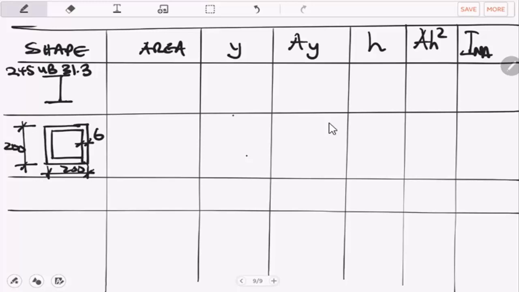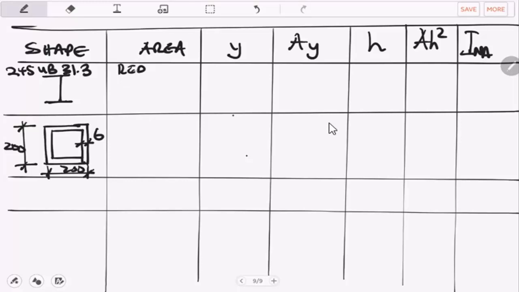So for calculating the area of the 254 universal beam 31.3, we don't need to calculate from first principles. Why do I say that? It is because this information you can get directly from the Red Book.